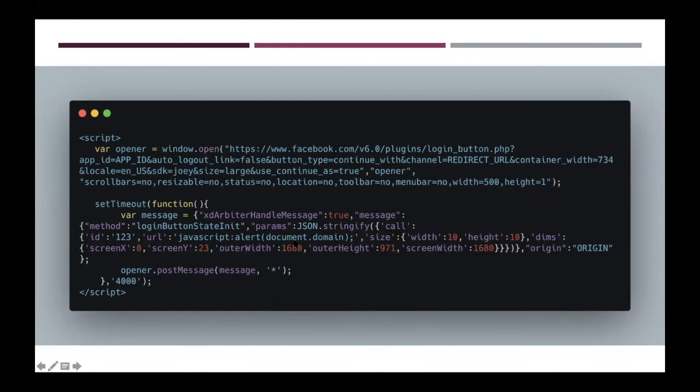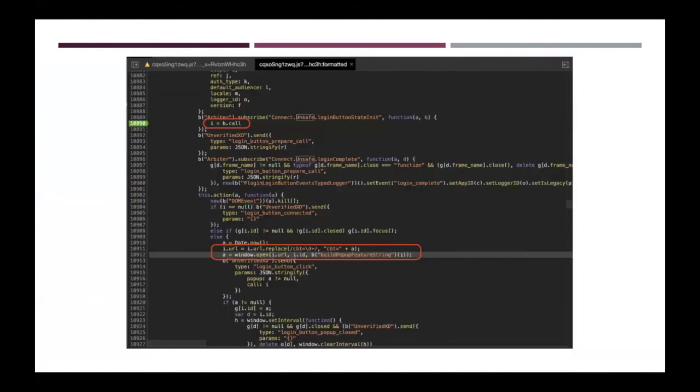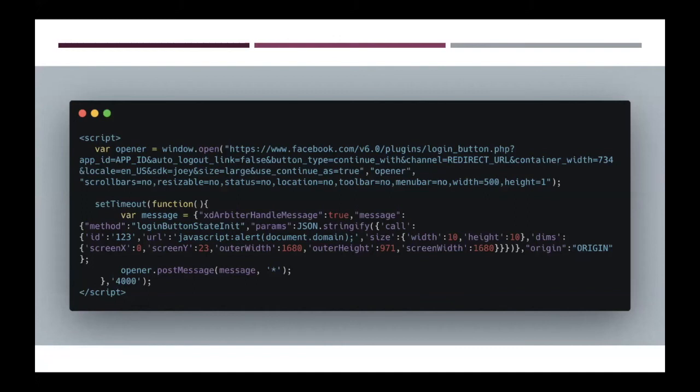An attacker can pass any JavaScript, which will directly get passed into window.open, and it will get executed. So Vinod is directly passing javascript:alert(document.domain), and it is directly getting executed in the window.open method.